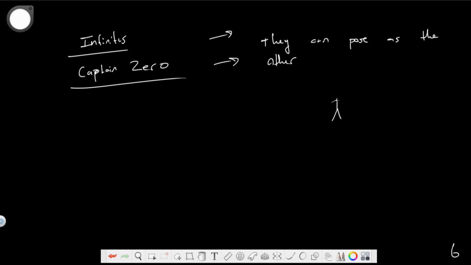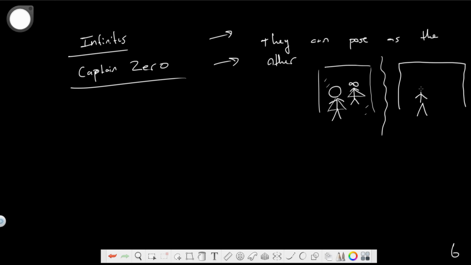You might see Captain Zero, and you might think that it's Captain Zero, but really, you might be looking at a very sly Infinitus. Or, once again, this is not a class on morality, you may be looking at Infinitus, but really, it's Captain Zero. All right, be careful. Their superpower is that they can appear as the other person.